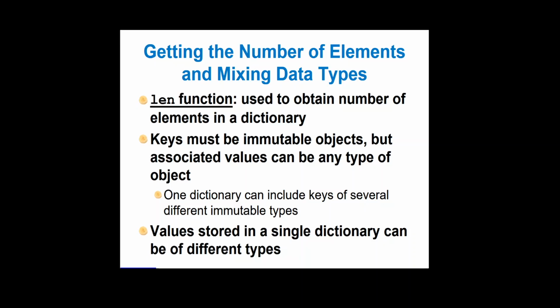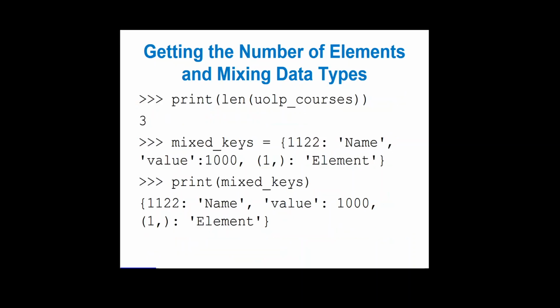So in one dictionary, I can have multiple key types. Of course, they have to be immutable, but more than one type. And I may have multiple values. It's not necessarily that I have the same type of values, integers or floating point or strings. No, it's not necessarily.